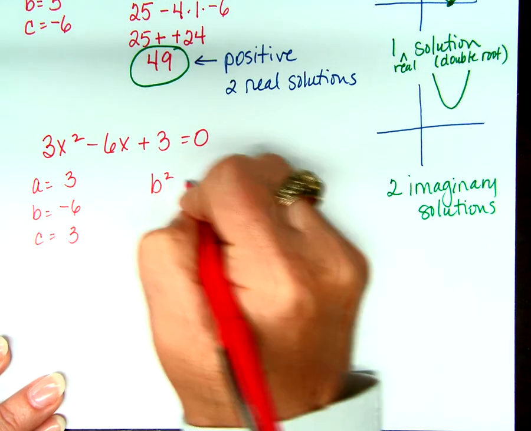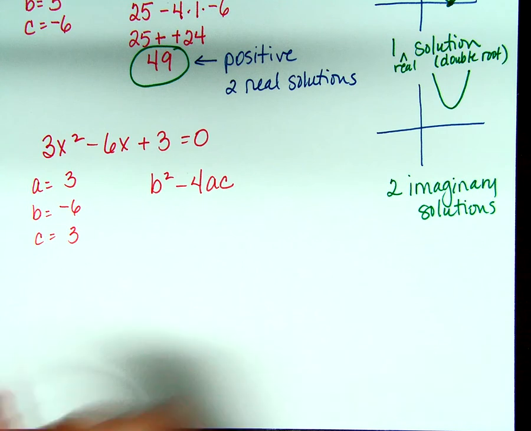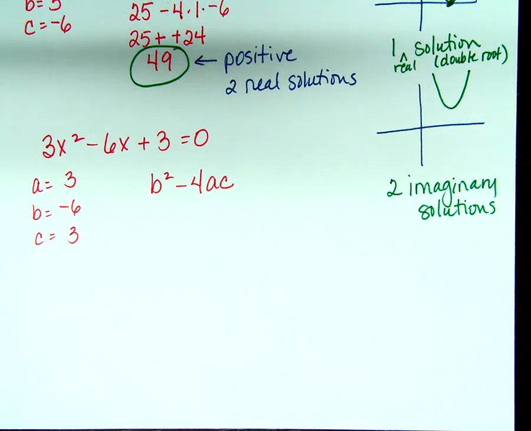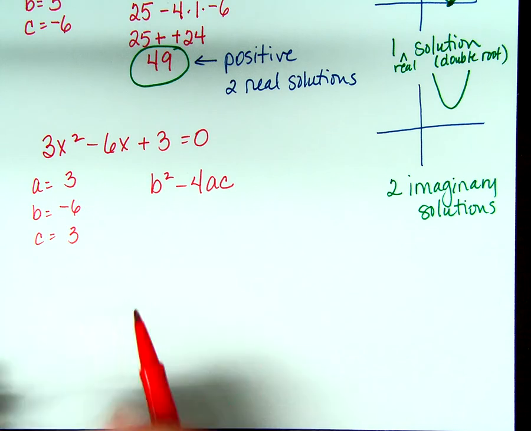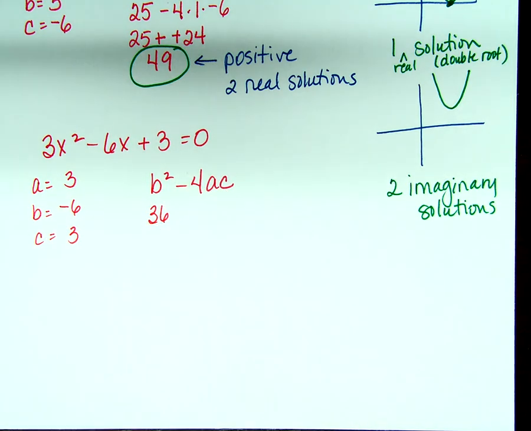B squared minus 4AC. In this problem, what is B squared? What is that? 36, right? Now, guys, have I touched a calculator so far? No. And it's not that I don't want you to, it's that this particular question makes me nervous.